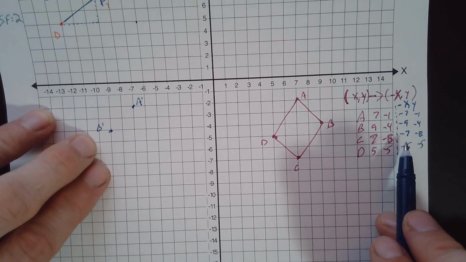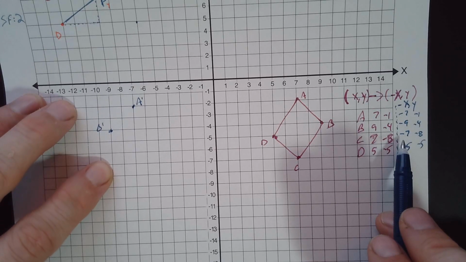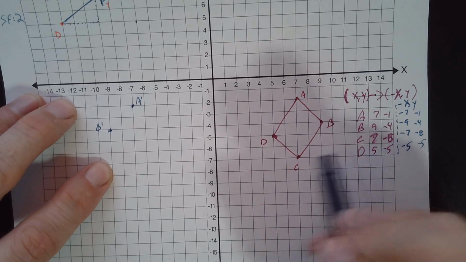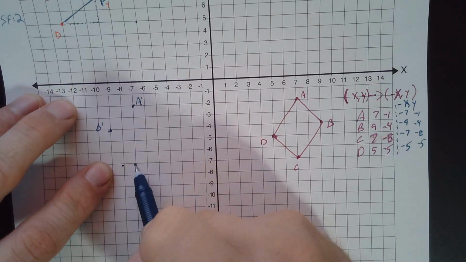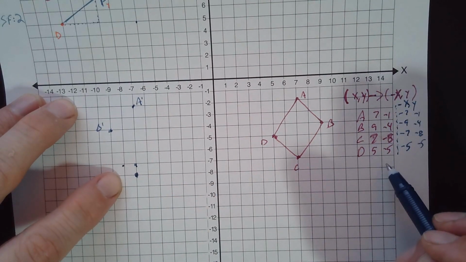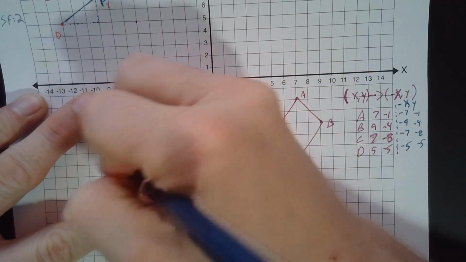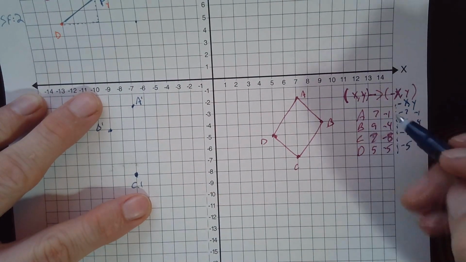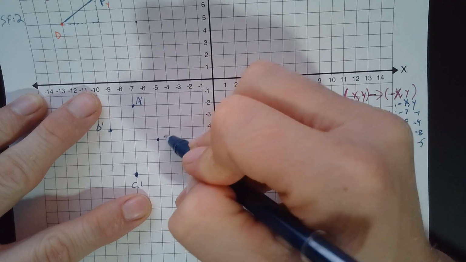Next is for C, negative 7 and negative 8, right here. That is C prime. And then D prime is negative 5 and negative 5.